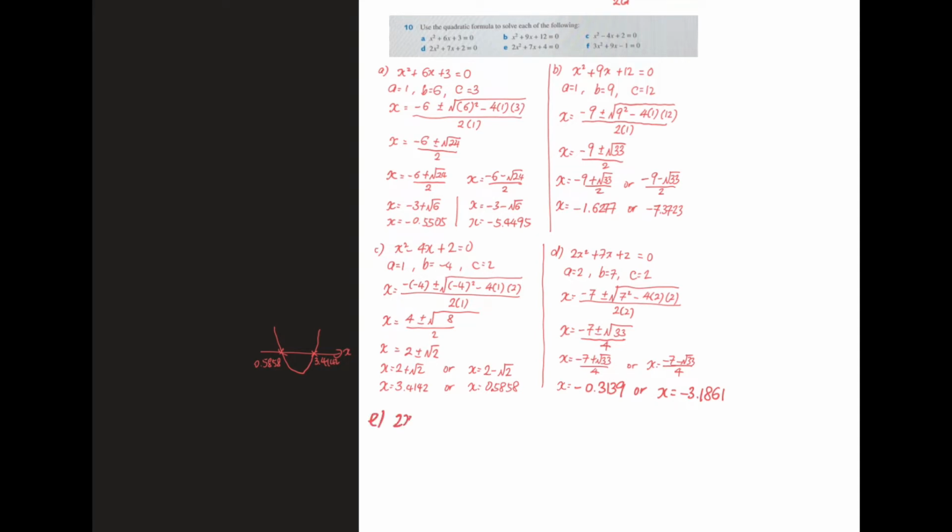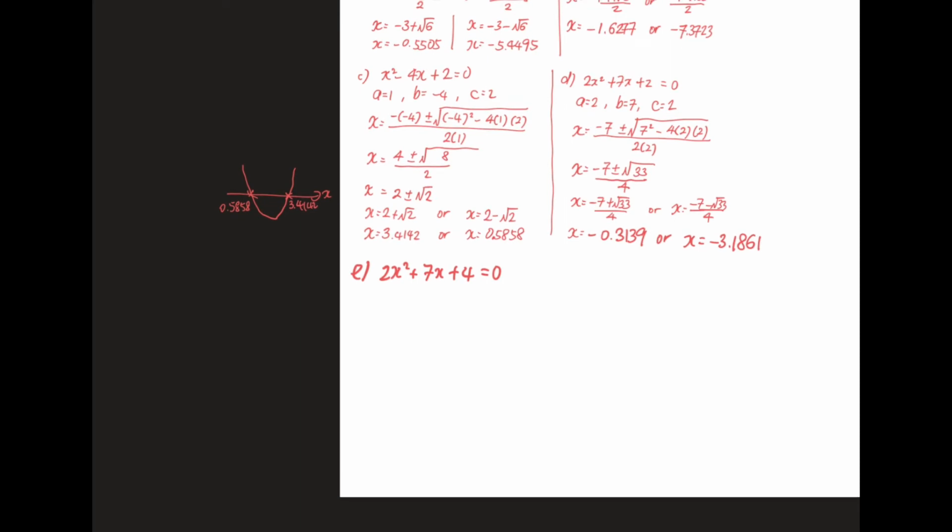Question E. So we have 2x squared plus 7x plus 4 equal to 0. For this case, we have A equal to 2, B equal to 7, C equal to 4. Then we have x equal to minus B plus minus square root of B squared minus 4AC over 2A.